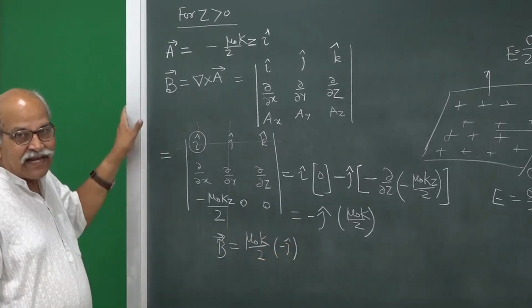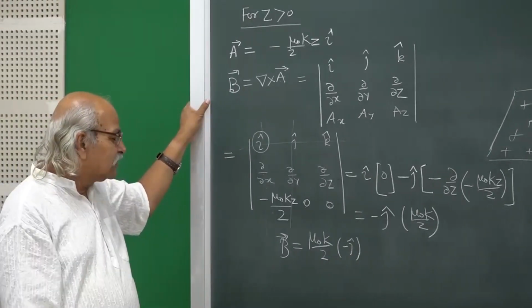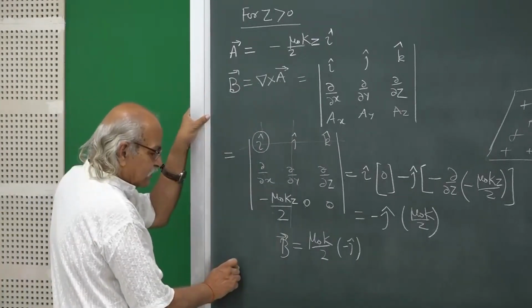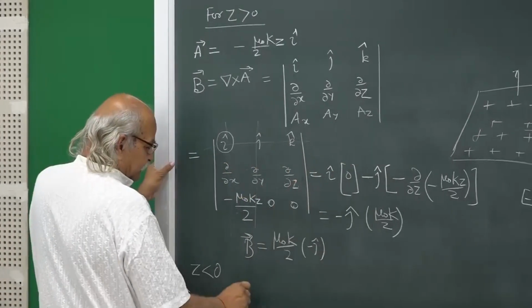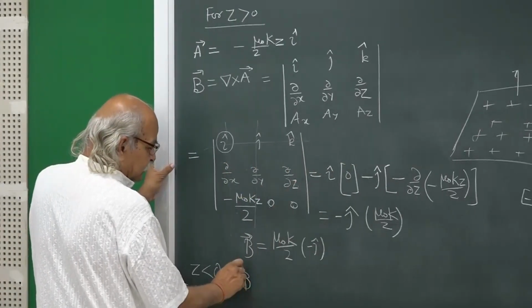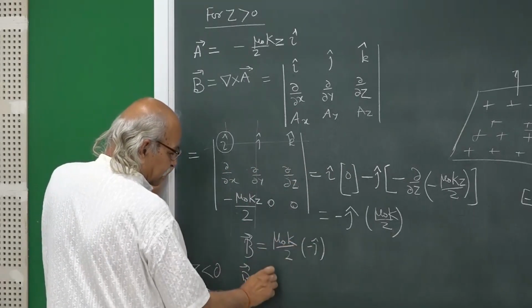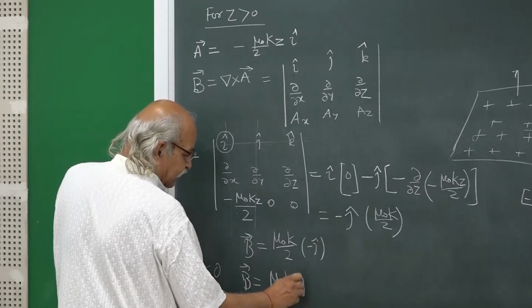That is what we had derived earlier using Ampere's law or Biot-Savart law. And similarly, for z less than 0, you use that expression and your B is, without the minus, mu naught k by 2 j cap.